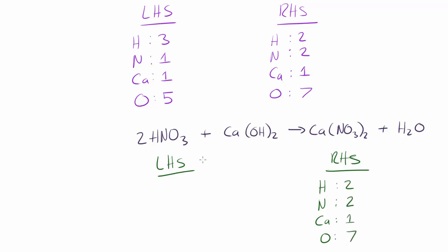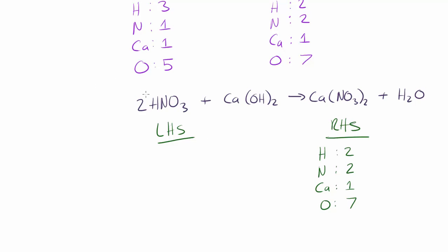For the left hand side, this is where we actually modified something. We modified the HNO₃, so that's going to affect the numbers for the hydrogen, the nitrogen, and the oxygen. So H, N, Ca, O.